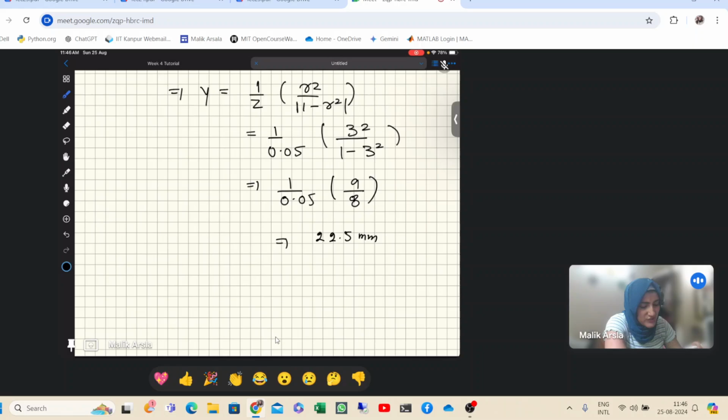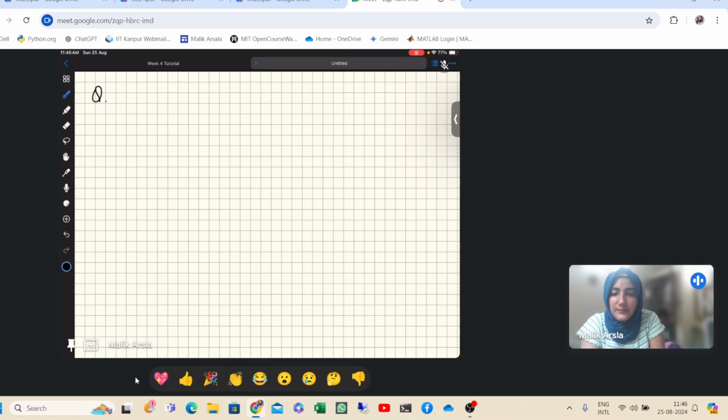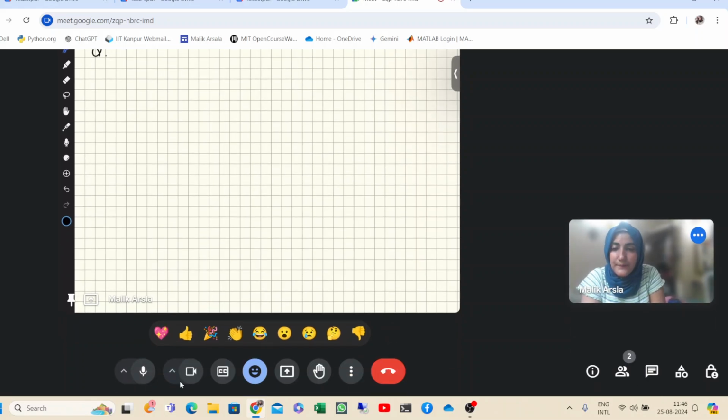So this question is basically straightforward, and after finding the value, we can multiply it with omega to convert it to velocity, right? So let's start doing it. Okay, give me a minute.